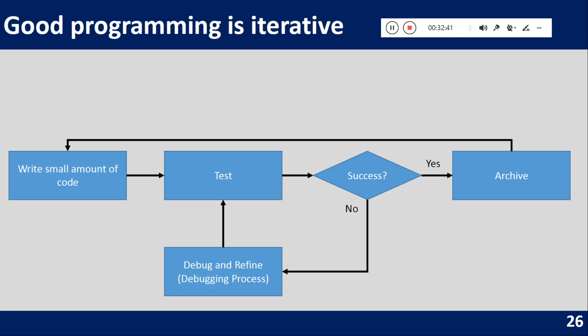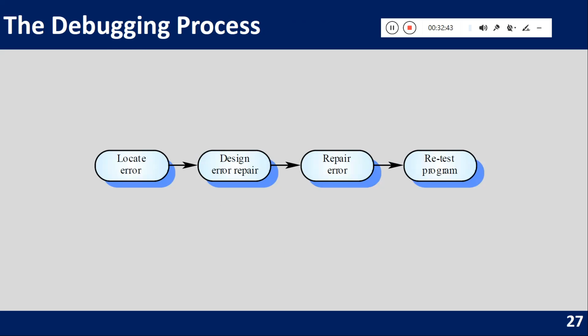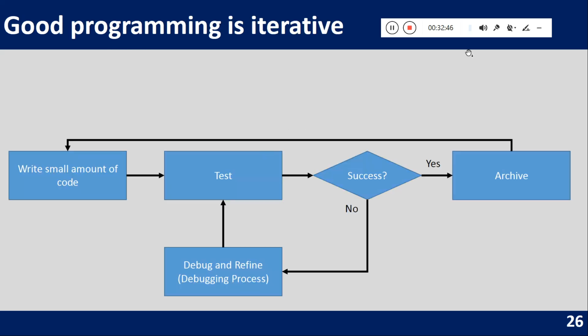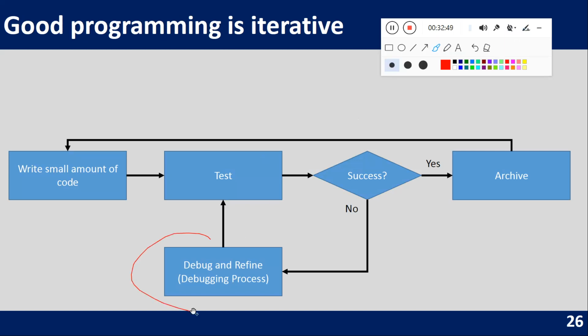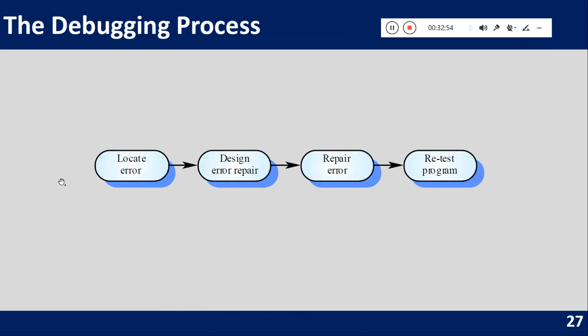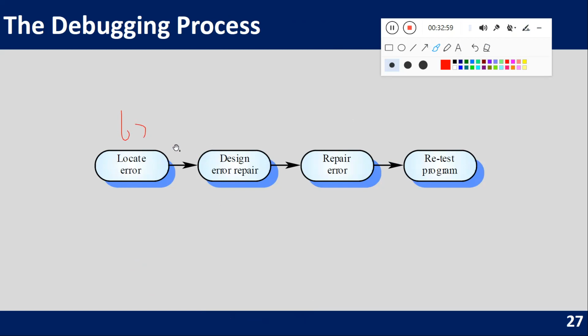The debugging process is to locate the error, maybe it is in line 16, and then the design error repair: maybe we should not use an int, and we are going to change it to float or double, change it from here to here, and retest the program.